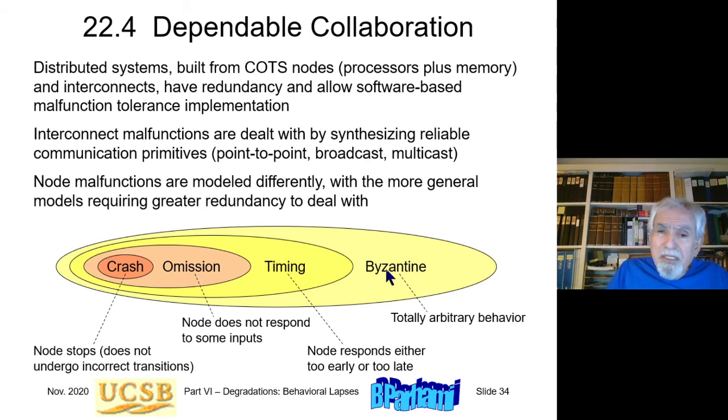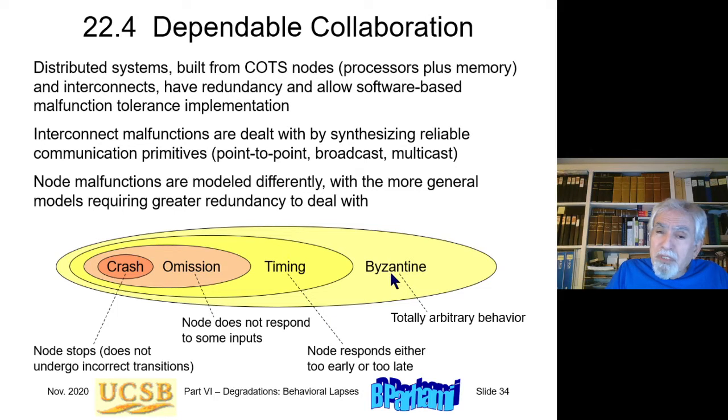This is what happens, for example, when a site is compromised, an adversary takes over and then makes the site behave in the worst possible way with respect to the rest of the system.